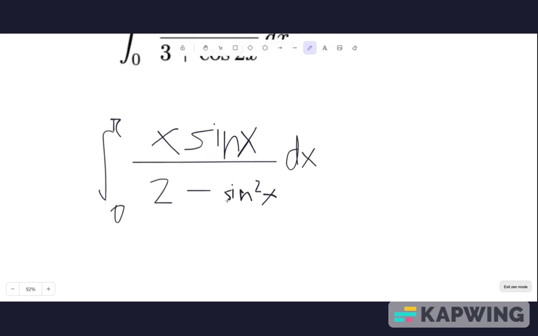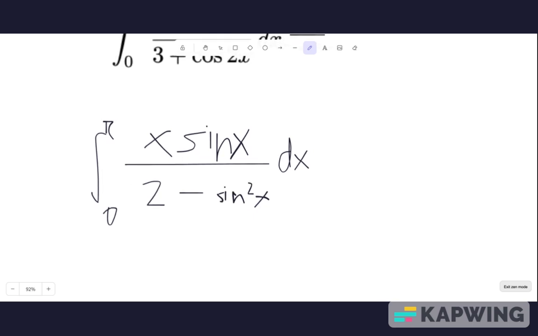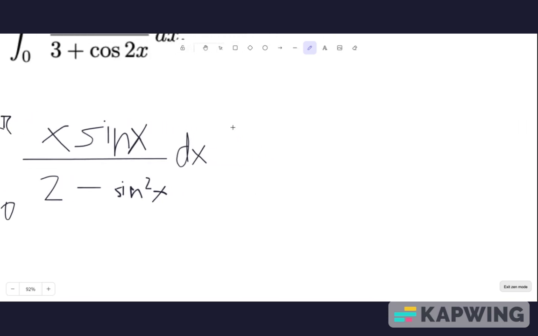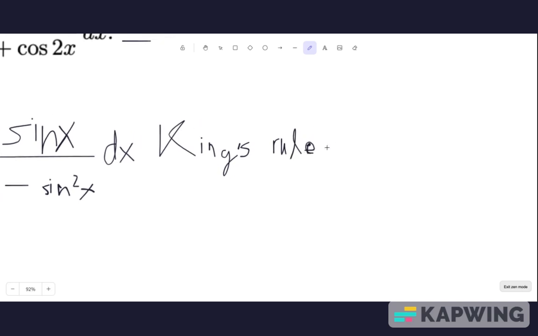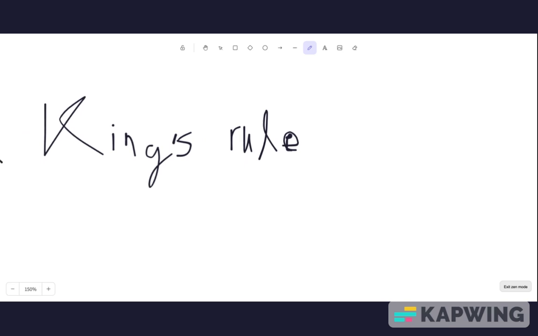We could simplify this to 1 plus cosine squared of x, but we can actually use something called King's rule. Now, what does King's rule say?